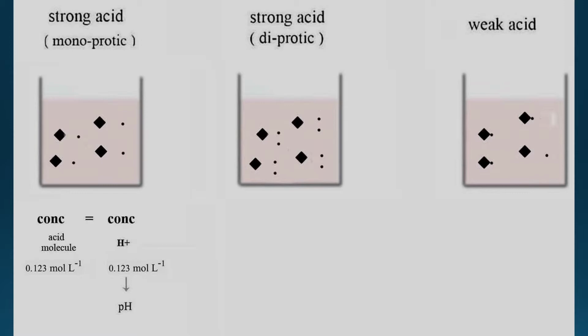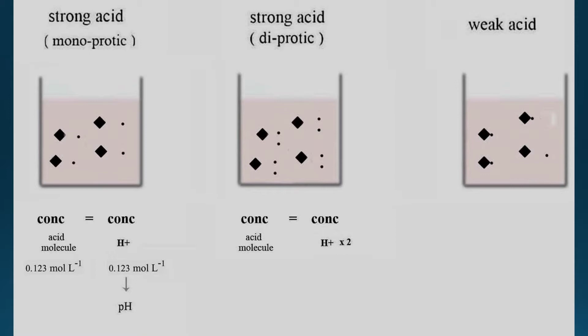Next, a strong acid, if it is diprotic, you will find the concentration of the acid molecule and the concentration of H+ ion, you have to double the H+. So H+ times 2. Each molecule gives 2 H+ ions.